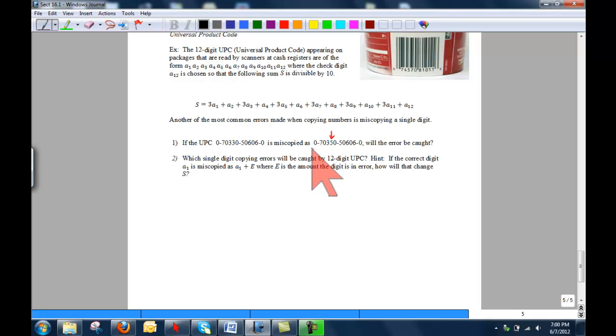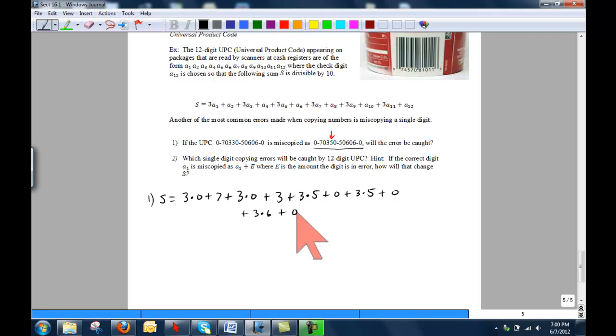Okay, here is the UPC that we think we have, that the computer is scanning. Will it catch the error? Well, it computes S equals, here we go, 3 times 0 plus 7 plus 3 times 0 plus 3 plus 3 times 5 plus 0 plus 3 times 5 plus 0 plus 3 times 6 plus 0 plus 3 times 6 plus 0.